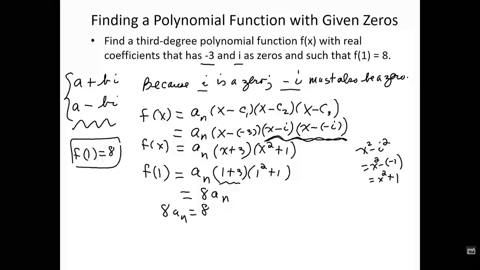All right. Now we can solve the equation 8 times a sub n is equal to 8. Dividing by 8, we get a sub n is 1.